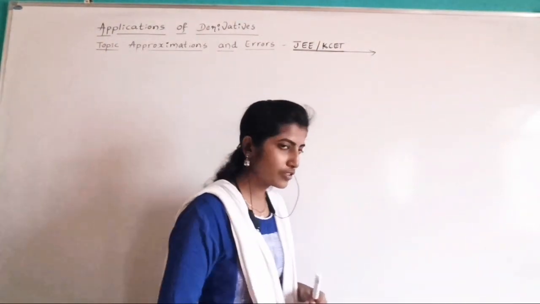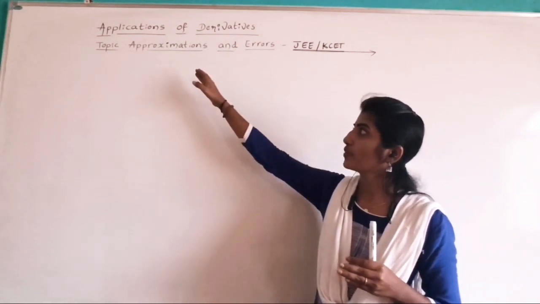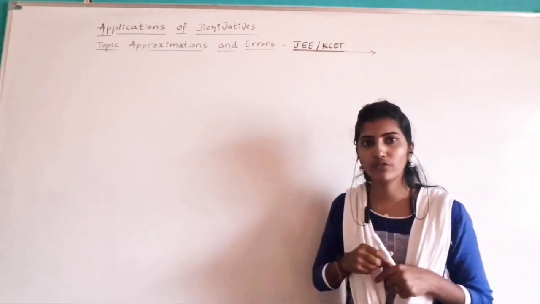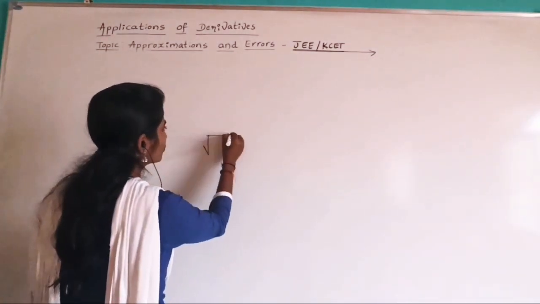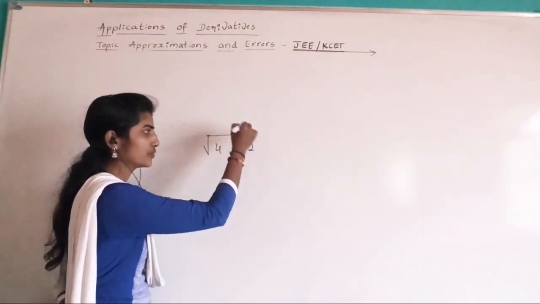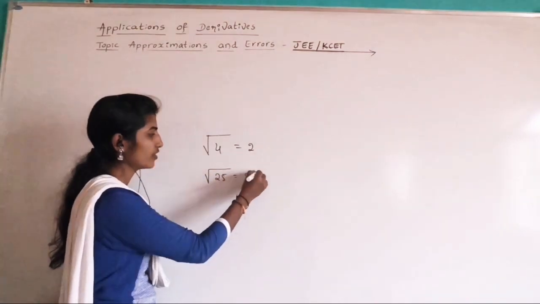Yes, my dear friends, now I am going to tell you why we have to study the topic approximations and errors, and where these are going to be helpful for you. For example, anybody can tell me the value of the square root of 4. That is 2. The square root of 25 is 5.